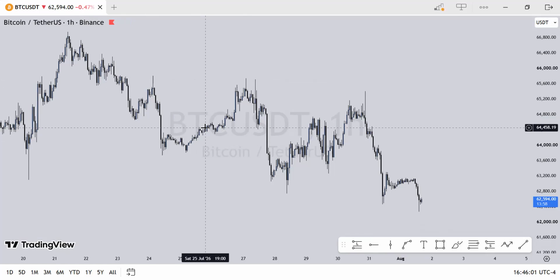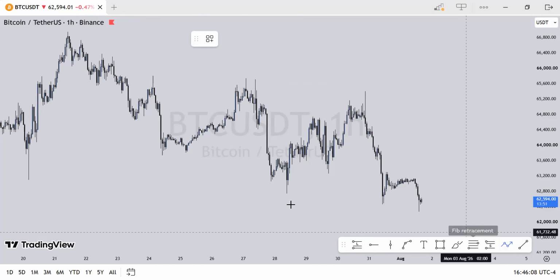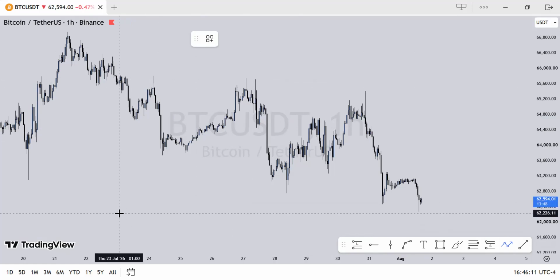Okay, so let me give you a textbook example of one of the best ways to read institutional order flow. You need to understand that the market moves in a certain wave.